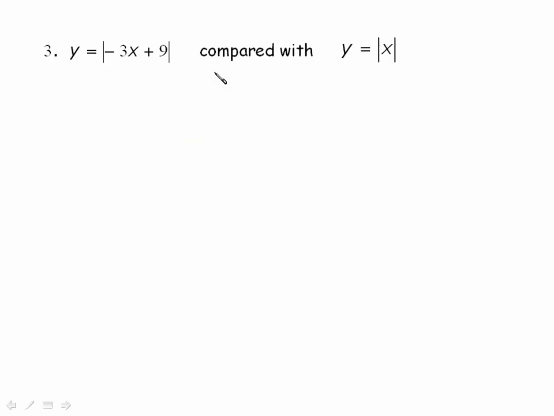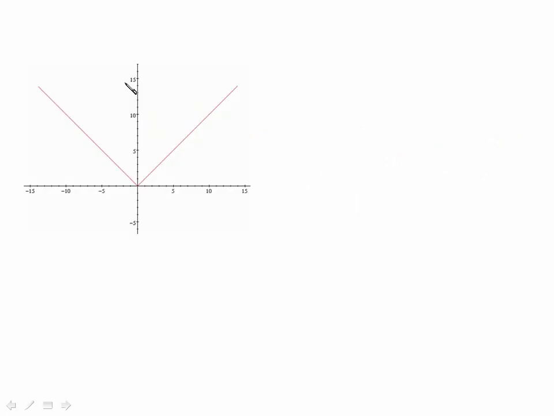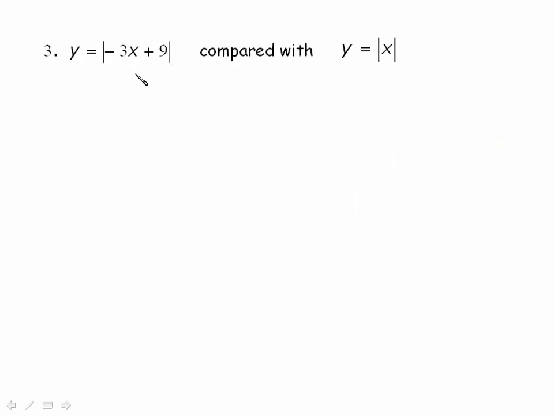Now this one's got some problems. It's an absolute value function to start with. But one thing, we must isolate the x, which means factor out negative 3.